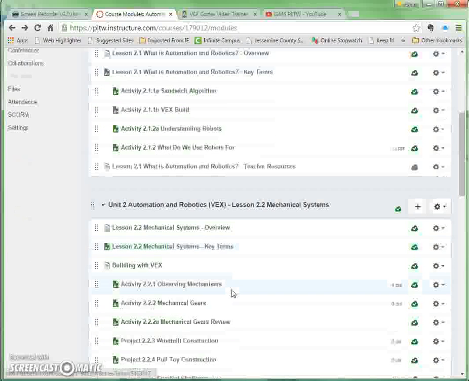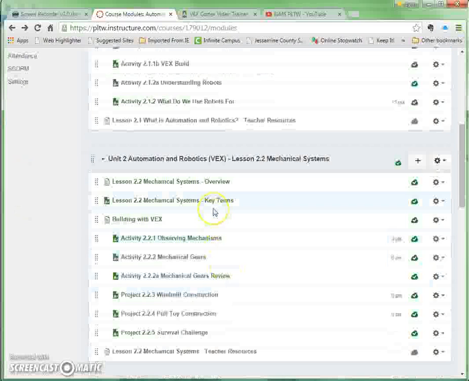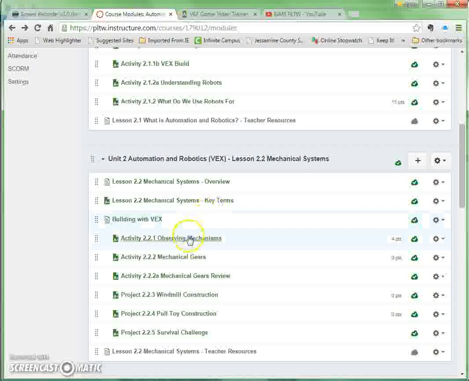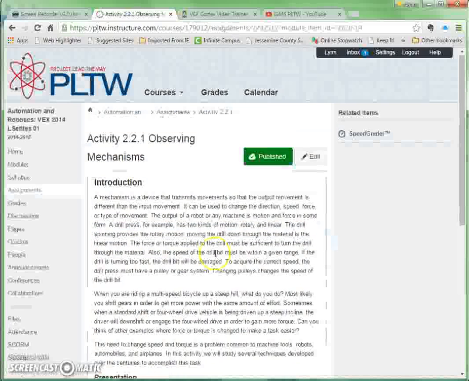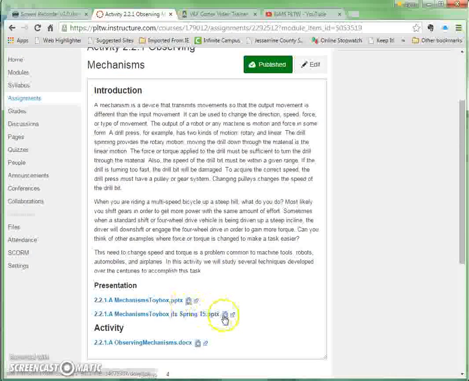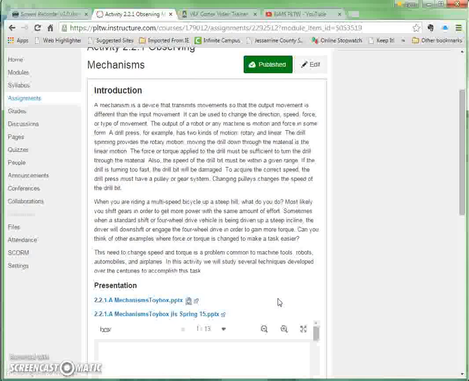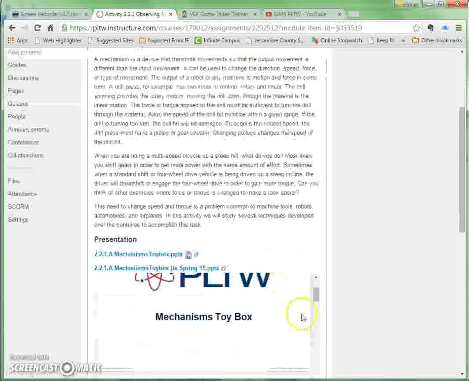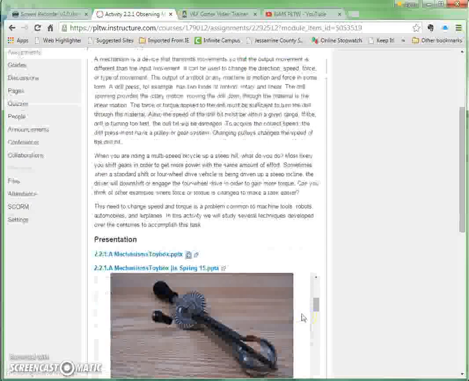In lesson 2.2, once again, check the key terms. Definitely look at 2.2.1, observing mechanisms. If you'll remember, this particular one is one where we learned how to calculate gear ratios, and we learned gear movements like rotary and linear and oscillating, and we're using those.